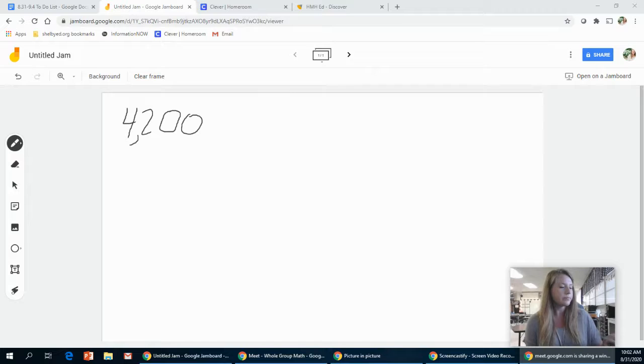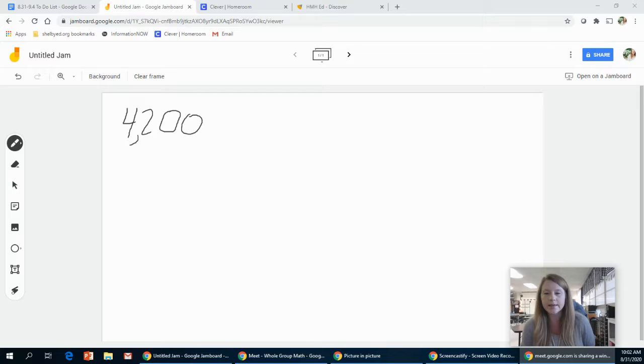Okay, so we're on page 27 on the module review. The first section is the vocabulary. Choose the correct term from the vocabulary box to complete the sentence. The blank of 512,789 is 500,000 plus 10,000 plus 2,000 plus 700 plus 80 plus 9.